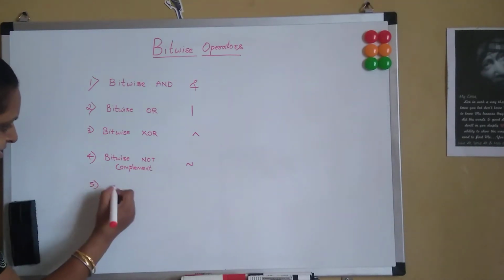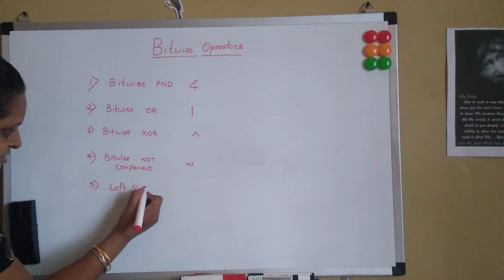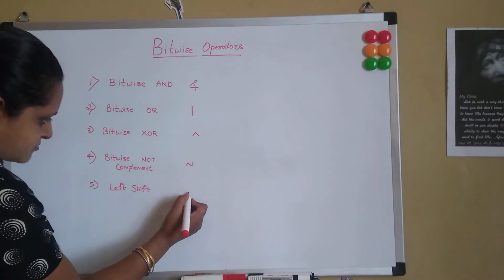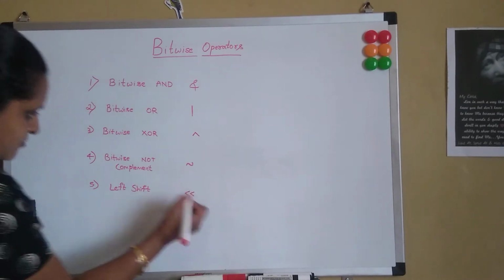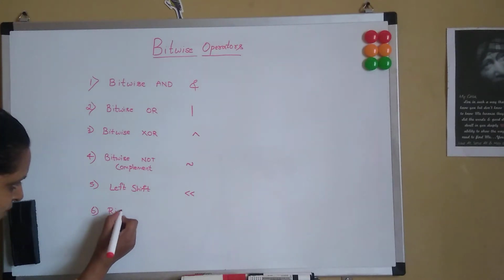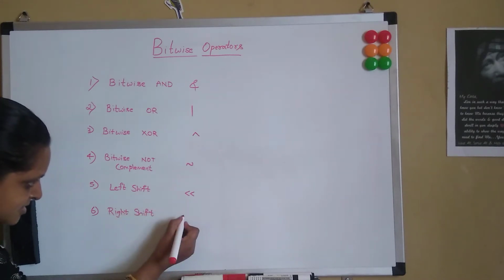The fifth one is bitwise left shift, and the sixth one is bitwise right shift, each with its own symbol.